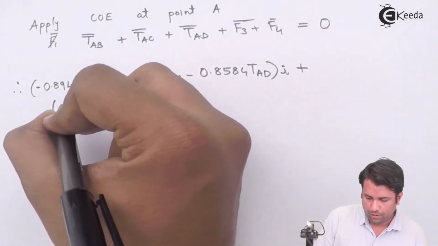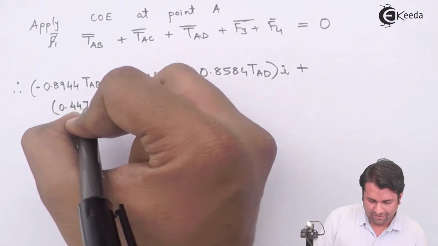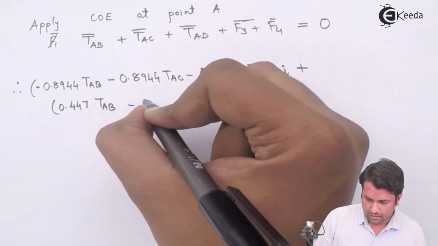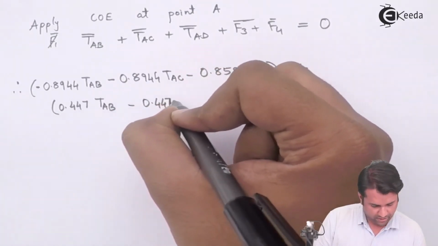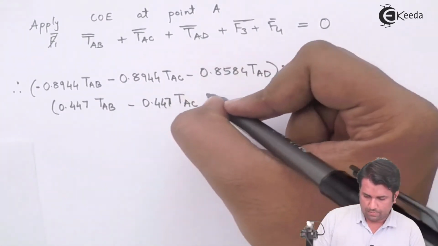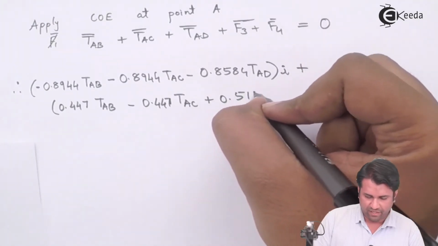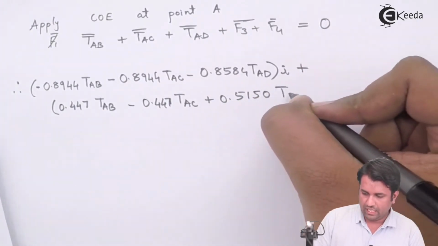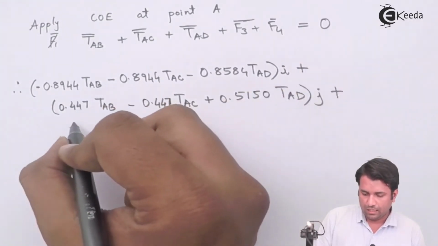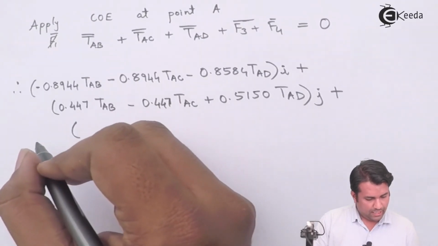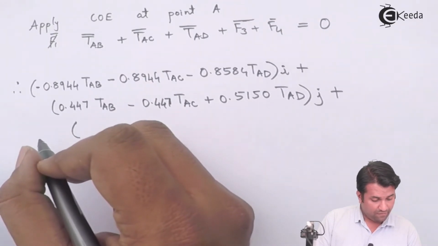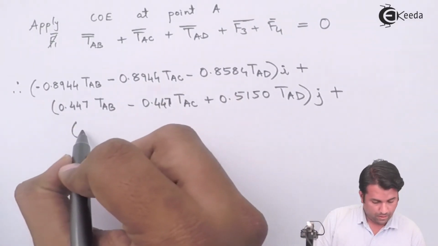0.447 TAB minus 0.447 TAC plus 0.5150 TAD J plus the K terms, I'll be getting it as, I don't have a K term, I have only one, that is F3.